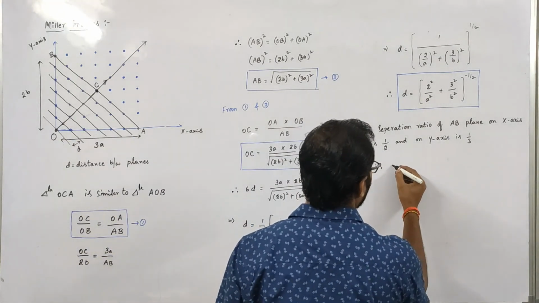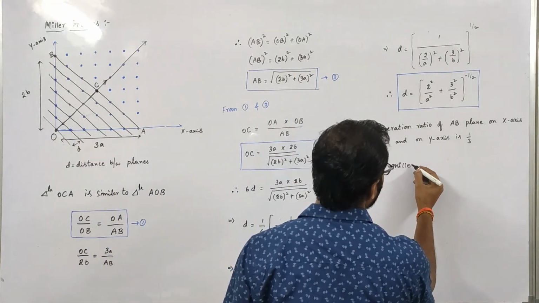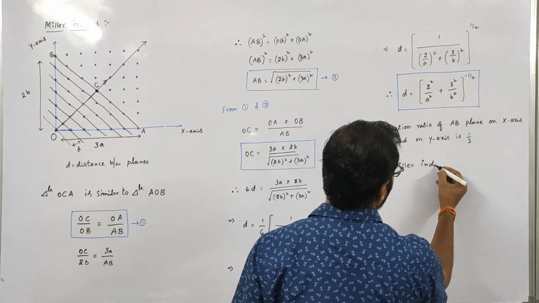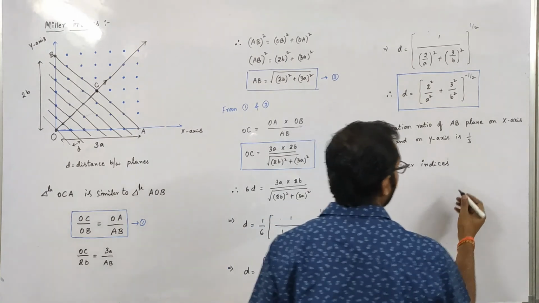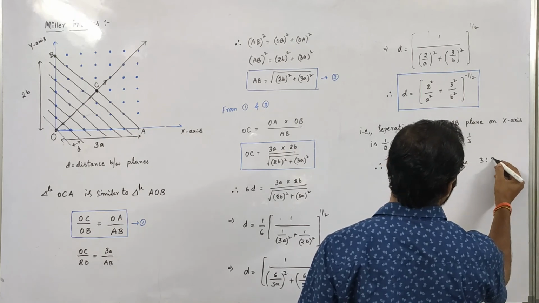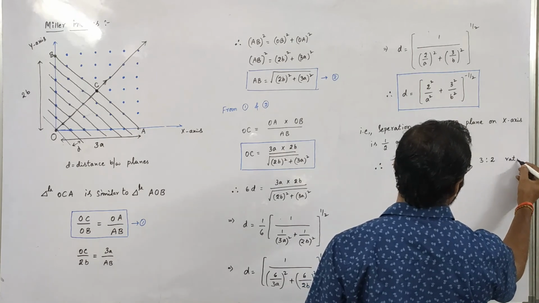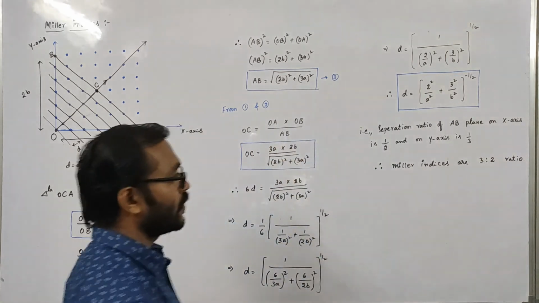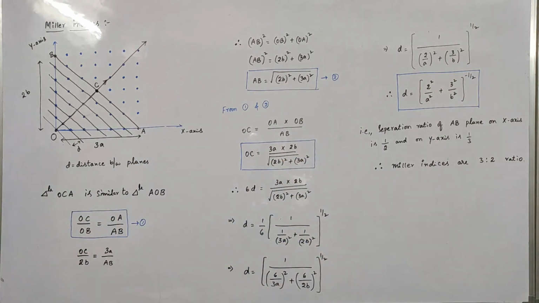Therefore, the Miller indices are in 3:2 ratio.